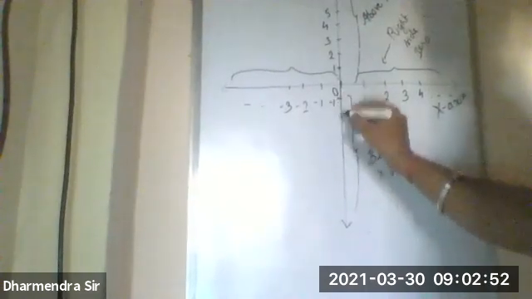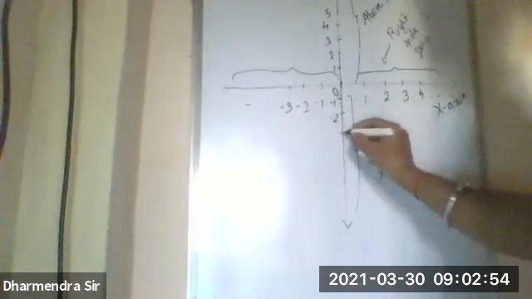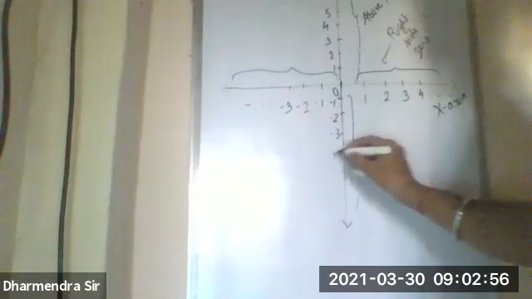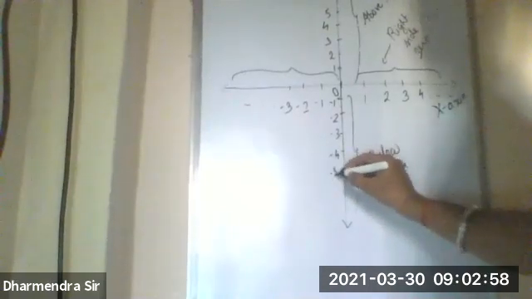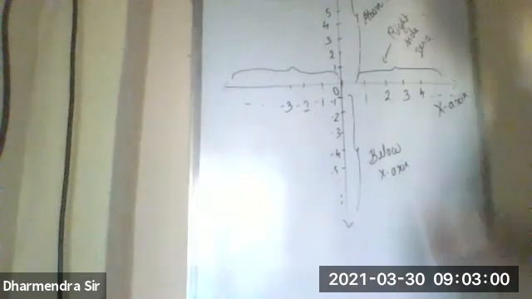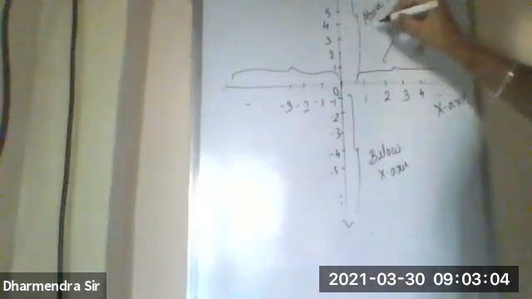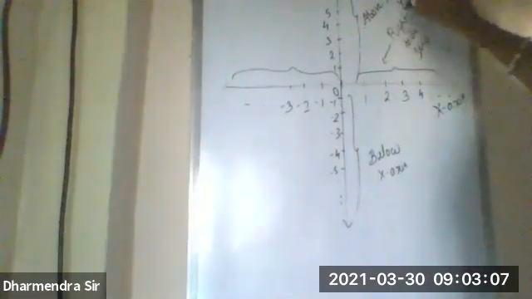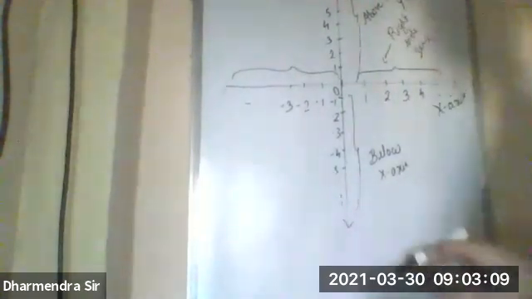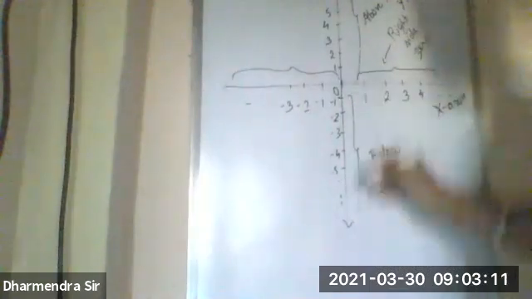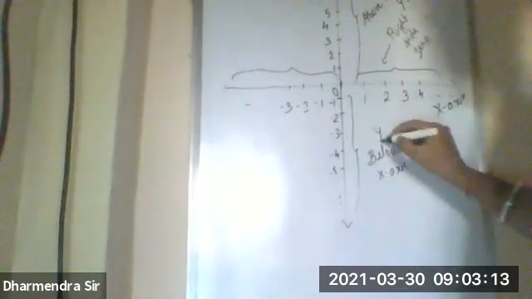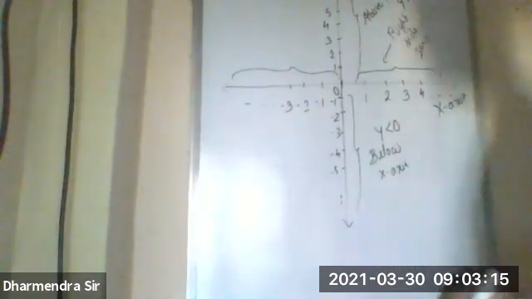We're having -1, -2, -3, -4, and -5, and so on. So above the x-axis, we are having positive values of y, means all those values of y which are greater than 0. Below the x-axis, we are having all those values of y which are less than 0.